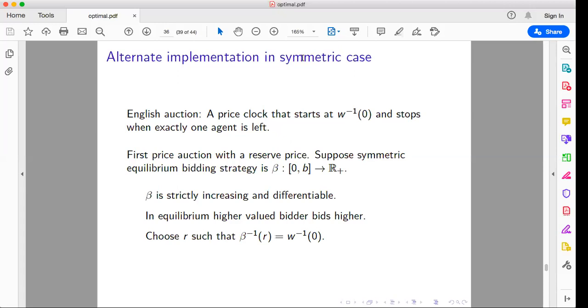Of course, in the symmetric case. In the asymmetric case, this English auction implementation doesn't work, because now bidders have different reserve prices, and the highest valued bidder is not the winner, and so on. So it won't work. But at least in the symmetric case, there's an English auction where the price clock starts at W inverse 0, and you can achieve the same outcome. Okay.